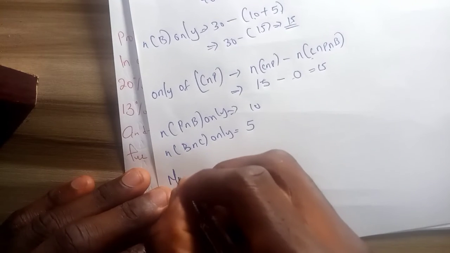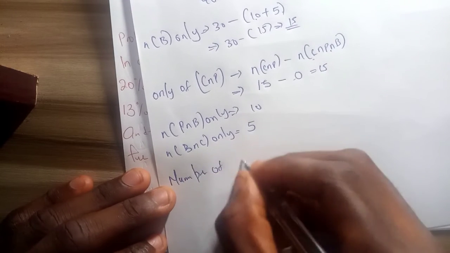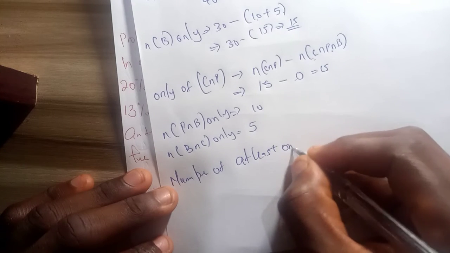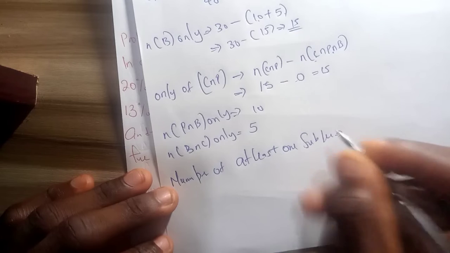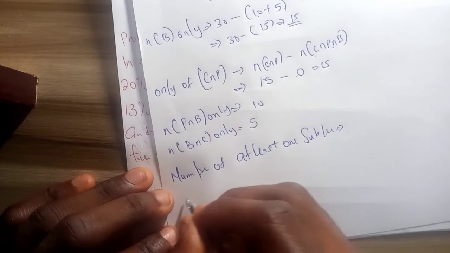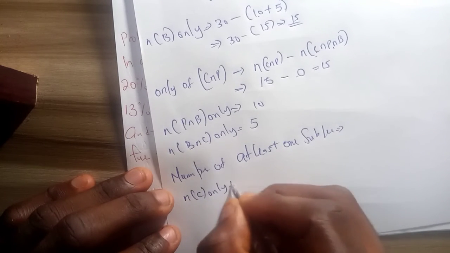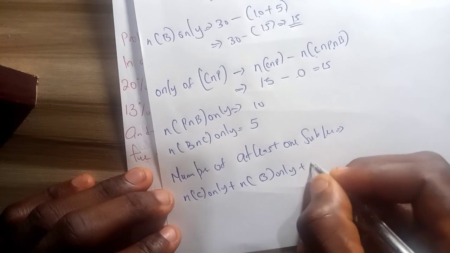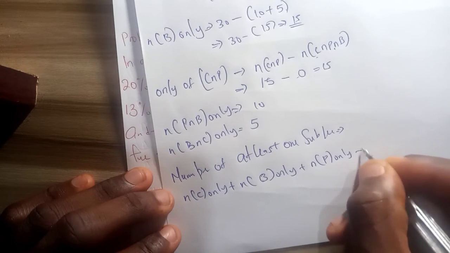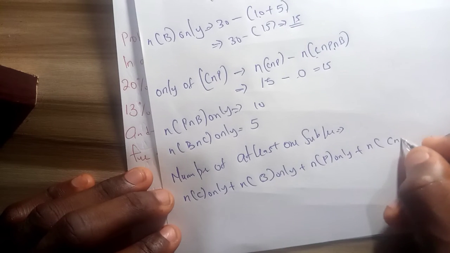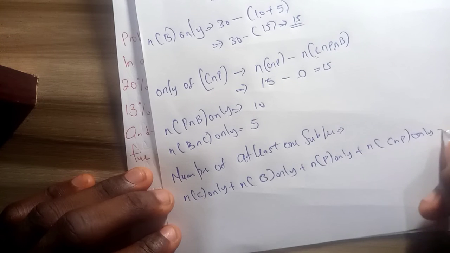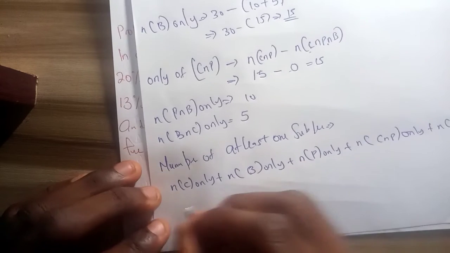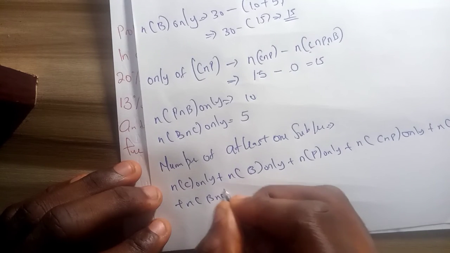So the number of at least one subject, don't forget that word, will now be number of chemistry only plus number of biology only plus number of physics only plus the number of each two-subject only.